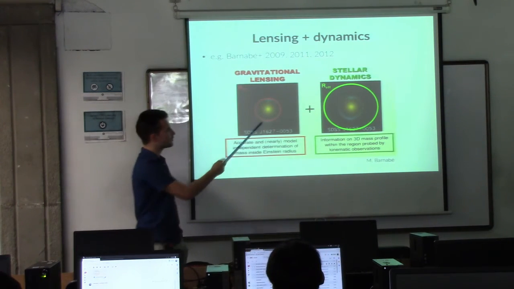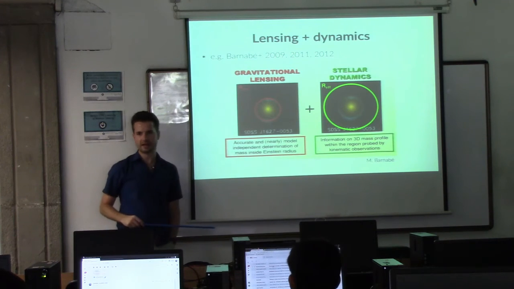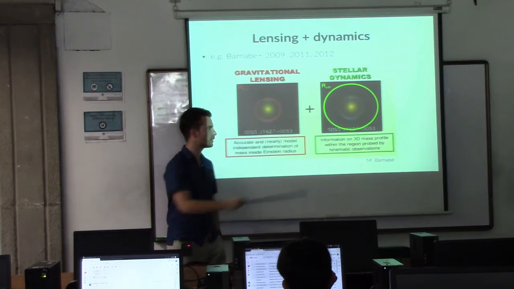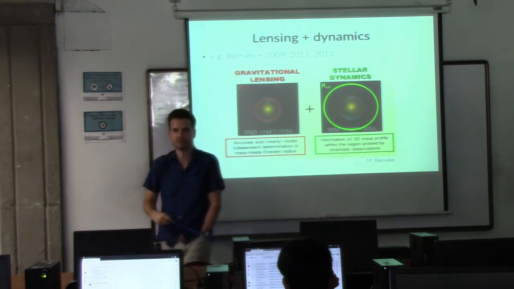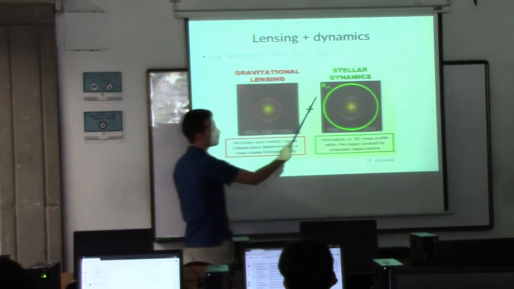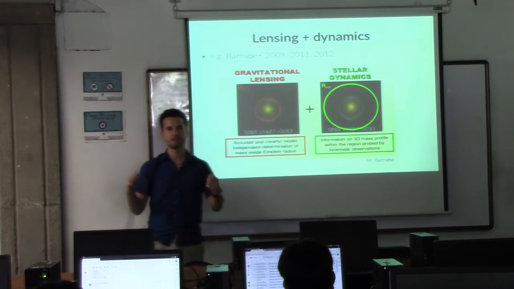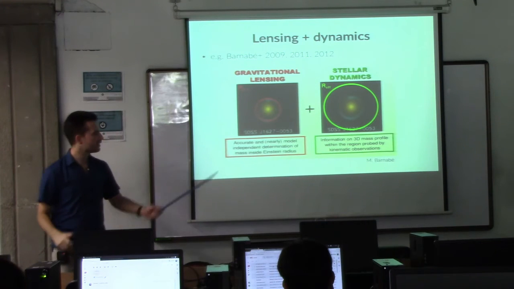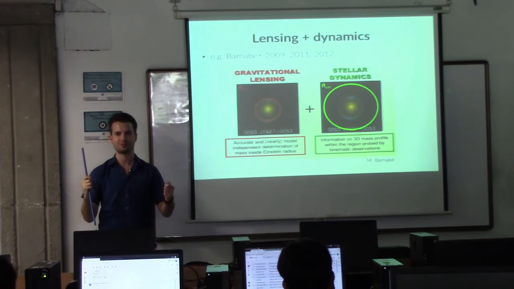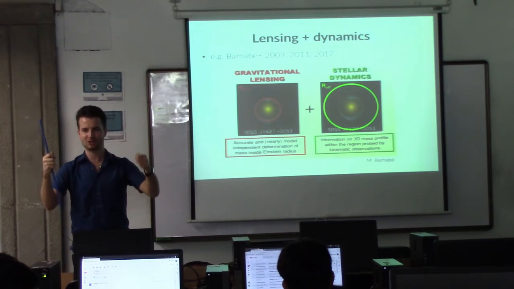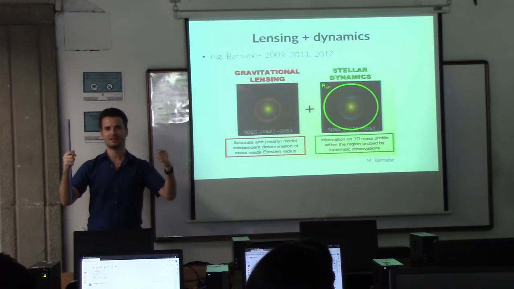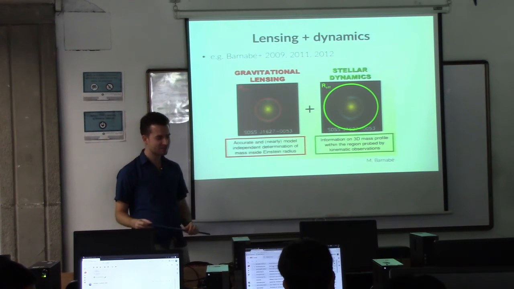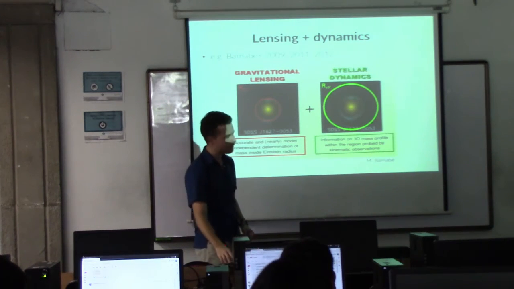But you can do resolved spectroscopy of the lens galaxy, which gives you the velocity field and the velocity dispersion, which tells you something about the mass profile of the lens. So you suddenly have two independent constraints. And what people like Matteo have been doing is trying to combine these two approaches into a single consistent model. Now that's very difficult, but you can do it.